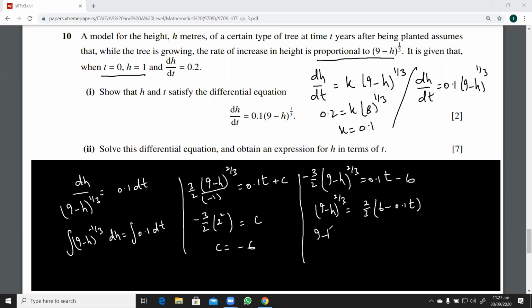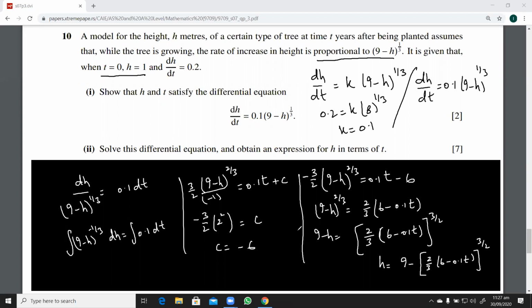So 9 minus h is (2 over 3 into (6 minus 0.1 t)) raised to power 3 over 2. And finally, your h is 9 minus all of this. That is your h in terms of t.